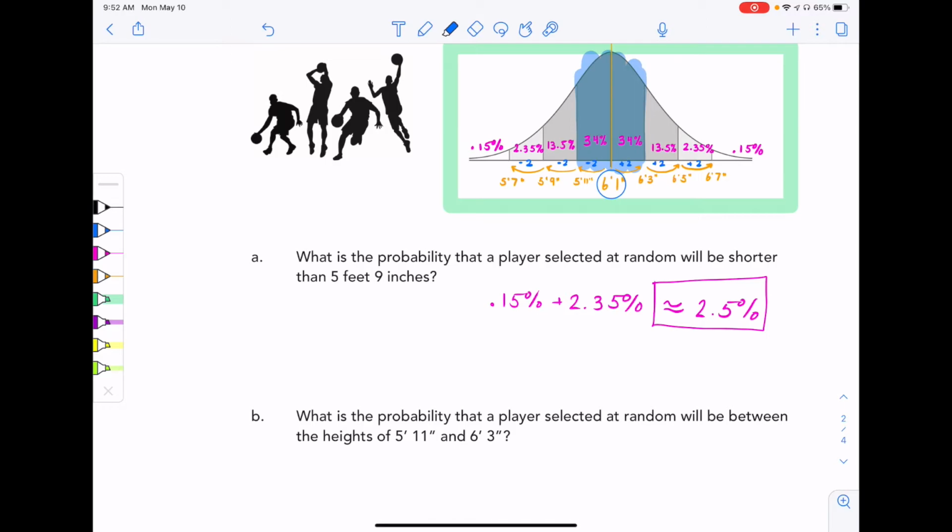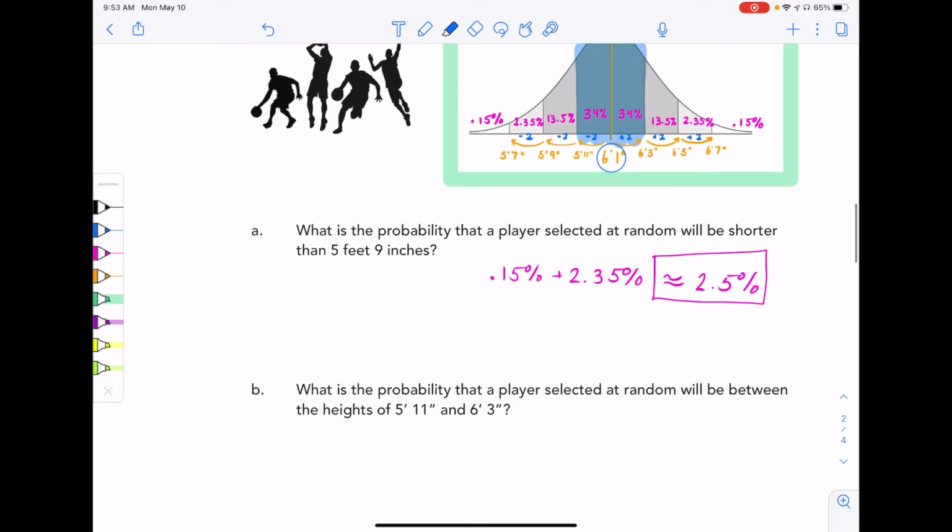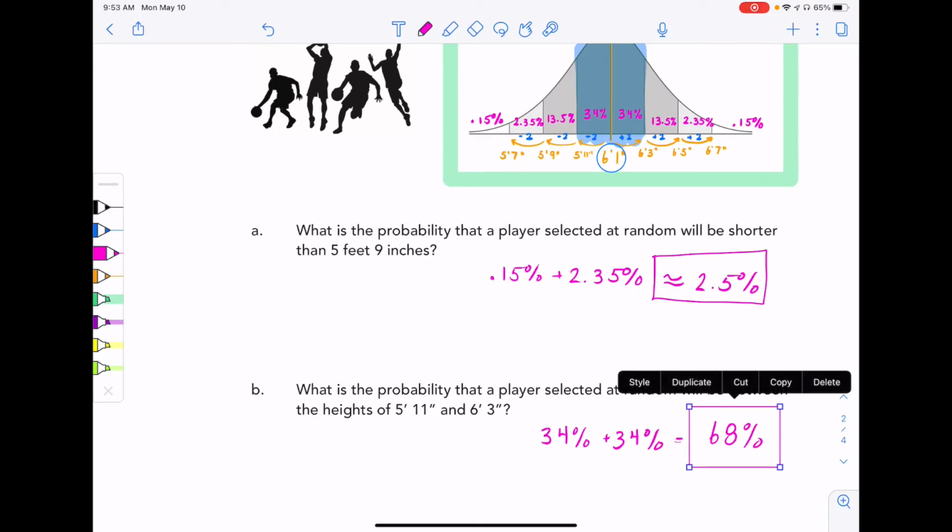So the player is going to be in between those two heights, and you just add your percentages together in those columns I highlighted, which is 34 plus 34%, and that's equal to 68%. So if I was to answer this as a complete sentence, I would say approximately 68% of the players will be between the heights of 5'11" and 6'3".